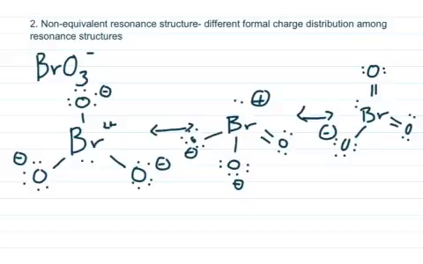So now we have one oxygen with a negative charge, and bromine has 2 double bonds, 1 single bond, and a lone pair. So as you can see, the charges are completely different for each resonance structure. So this is called a non-equivalent resonance structure.